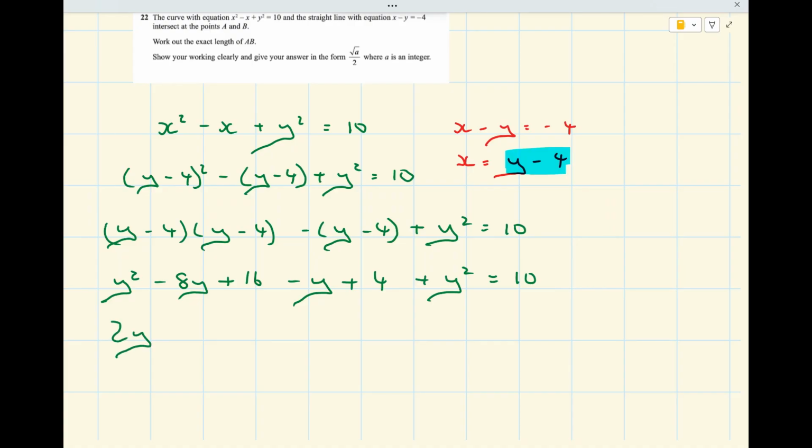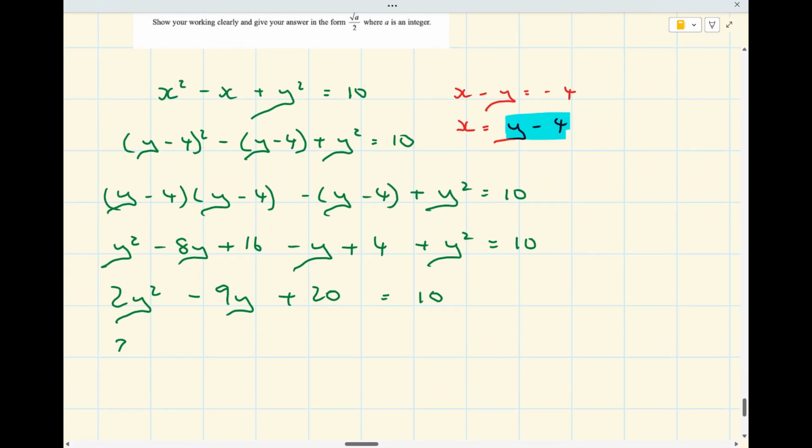Tidy up your y squareds: 2y squared. Tidy up your y's: minus 8 minus 1 is minus 9y. Numbers: plus 16 plus 4 is plus 20, equals 10. Quadratic equation, set it equal to 0: 2y squared minus 9y plus 10, minusing 10 from both sides, equals 0.